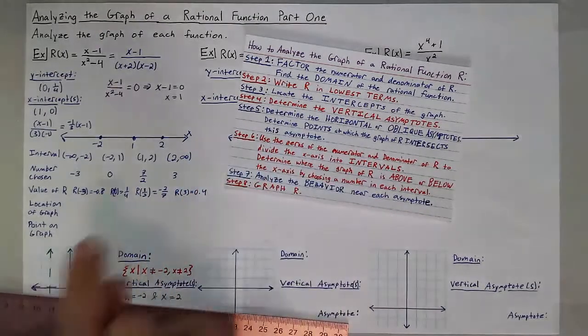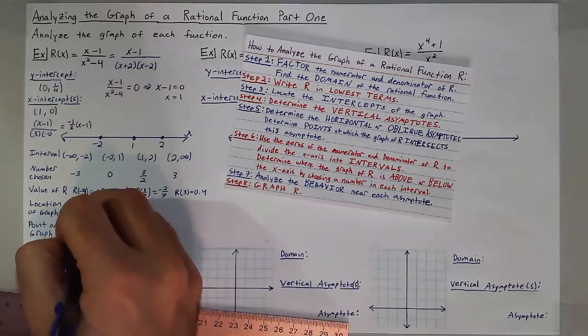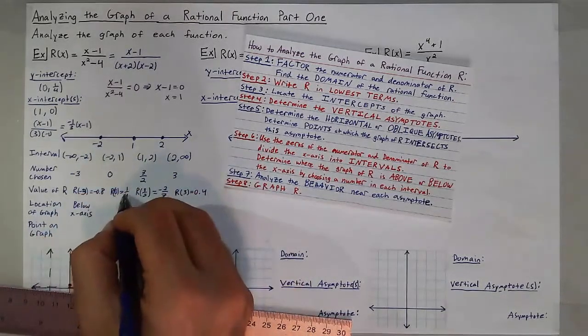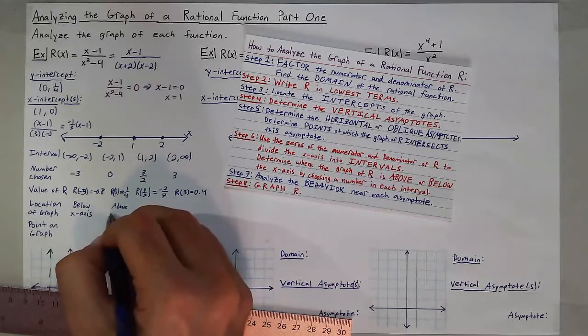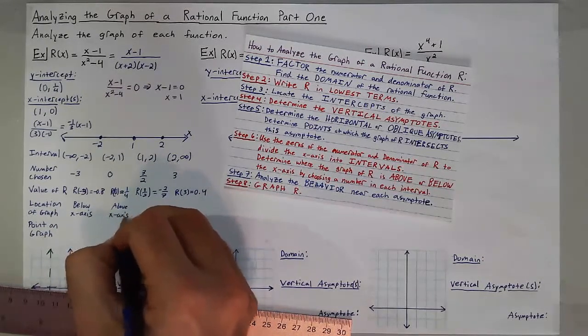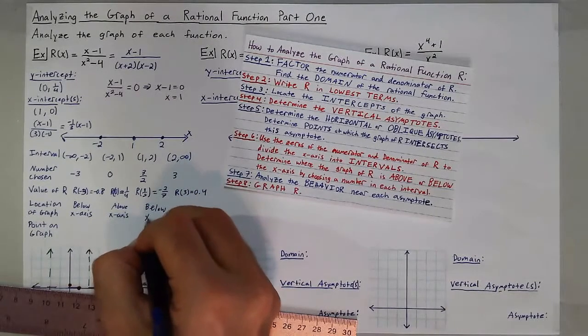So what this tells me is if it's negative, it's below the x-axis. And if it's positive, like you're seeing here in the next one, it's above the x-axis. Negative means below the x-axis.